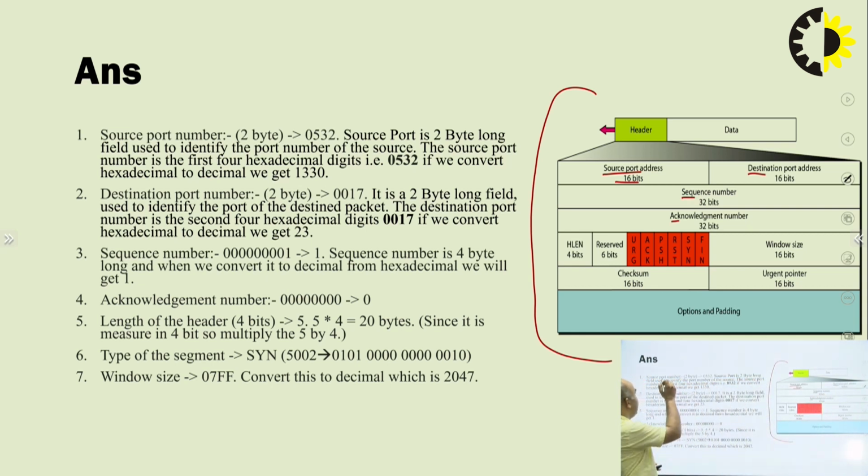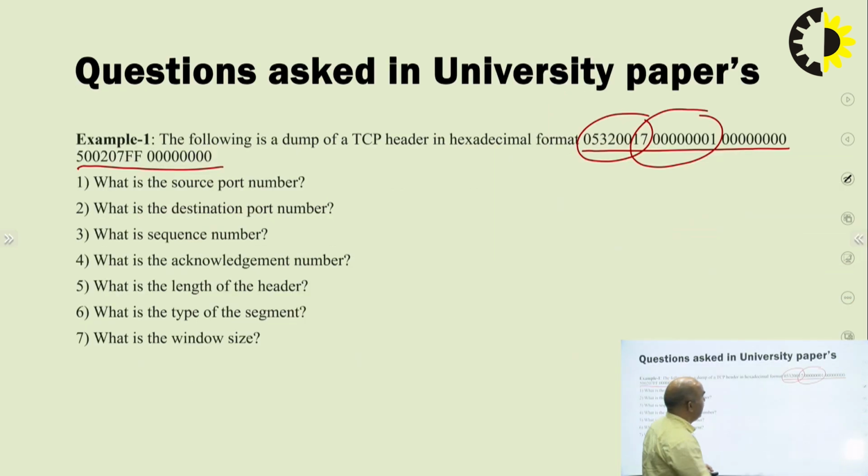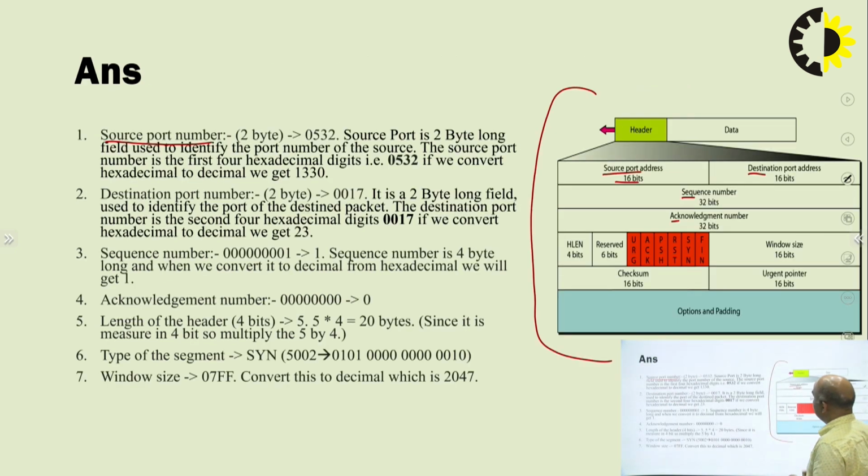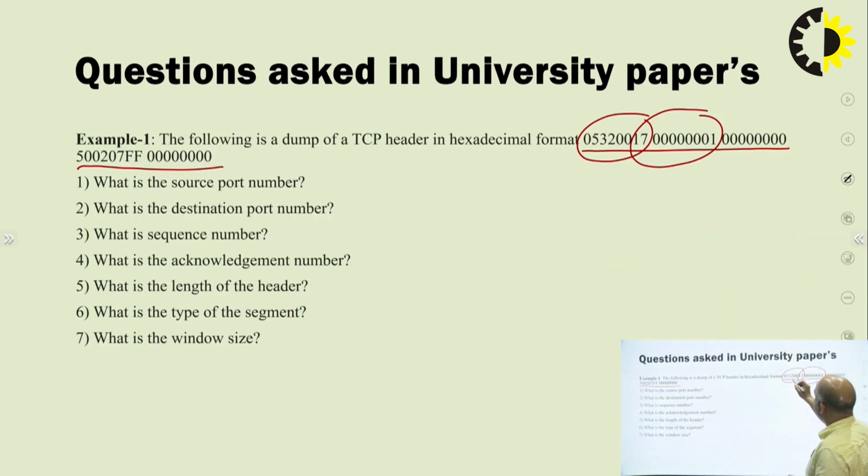So first, we need to identify the source port number in this case. The source port is 16 bits, so these 4 hexadecimal digits are for the source port number. One digit is 4 bits: 4, 8, 12 and 16.